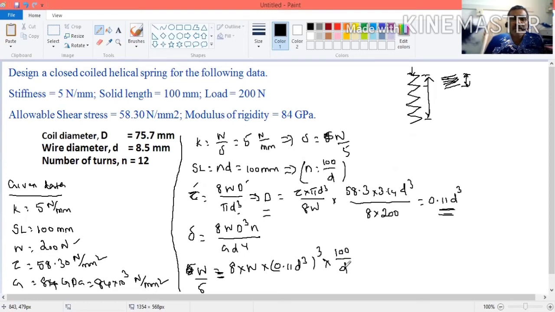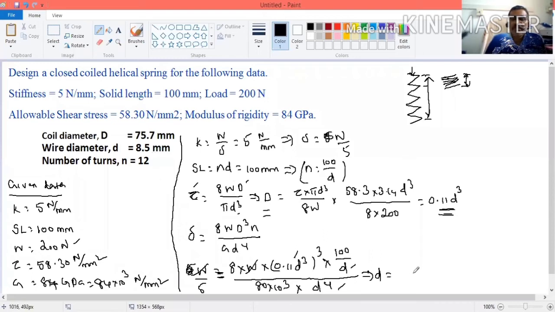Now that divided by G. G is equal to 80 into 10 power 3, into d power 4. Now in this equation, this W you can cancel. So only unknown is d. Here we have d power 9, here we have d power 4. So from this, you can find the value of d.